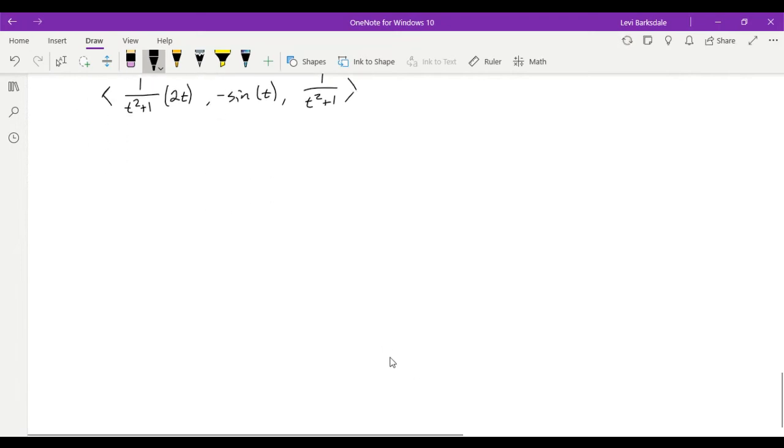Now, quick definition to review. A vector valued function is smooth. So I'm going to write that r of t is smooth on an open interval. And this is just some region.